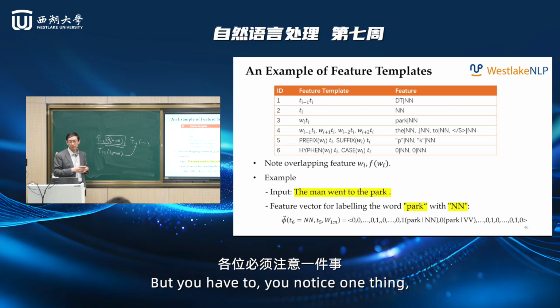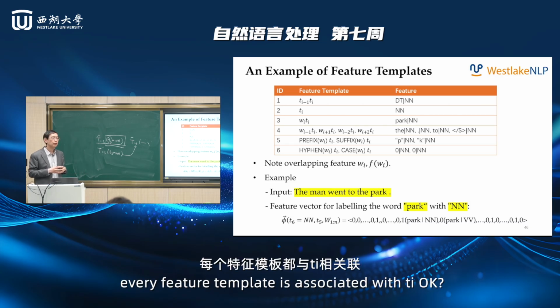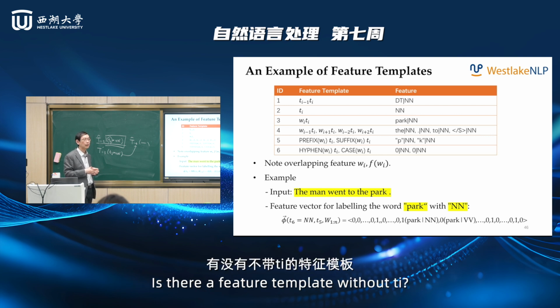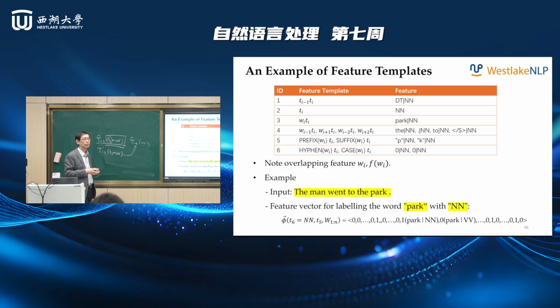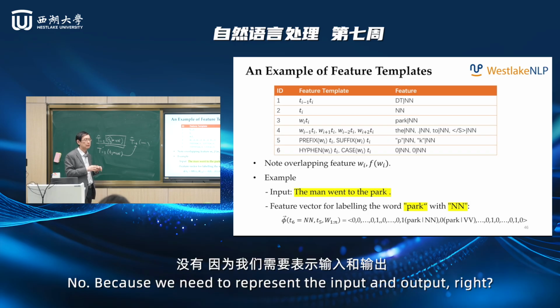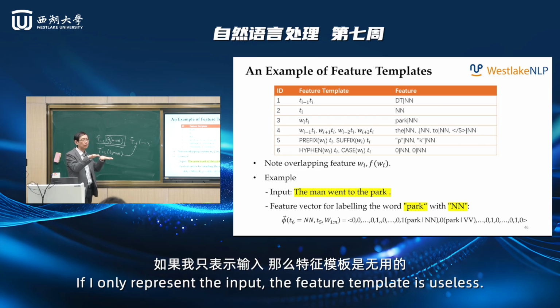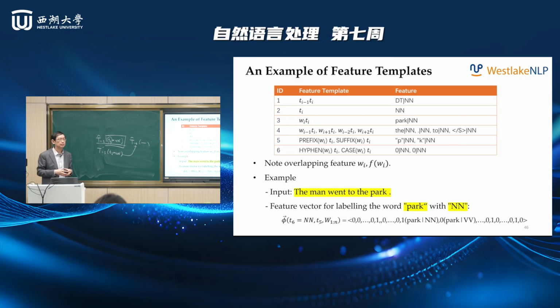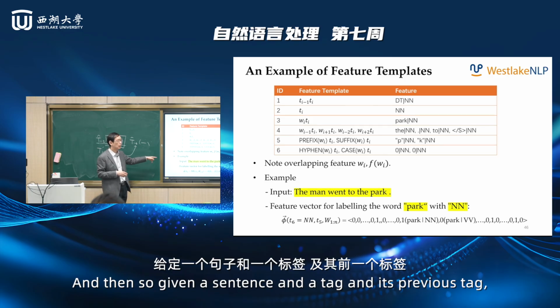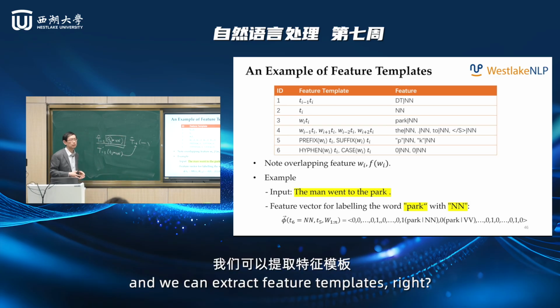But you notice one thing. Every feature template is associated with ti. Is there a feature template without ti? No, because we need to represent the input and output, right? If I only represent the input, the feature template is useless. And so given a sentence and a tag and its previous tag, we can extract feature templates.